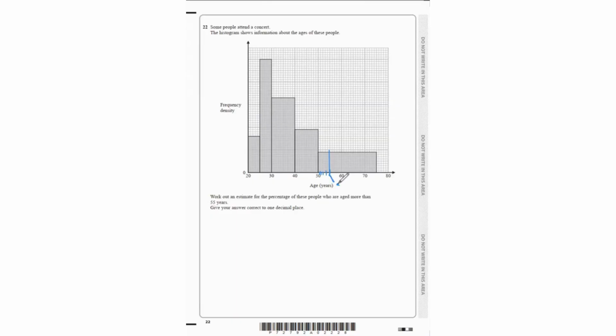That's 55. So let's highlight our region. This is what we're focusing on.